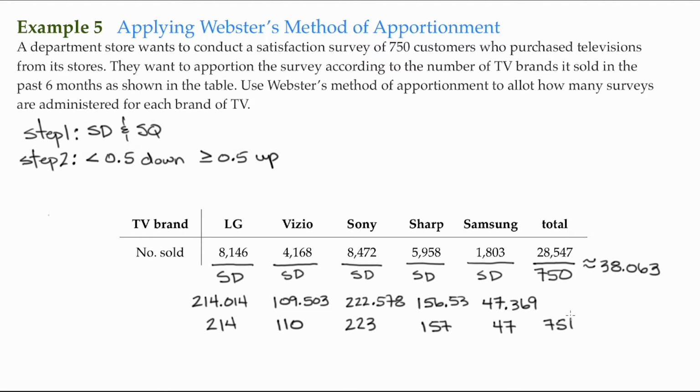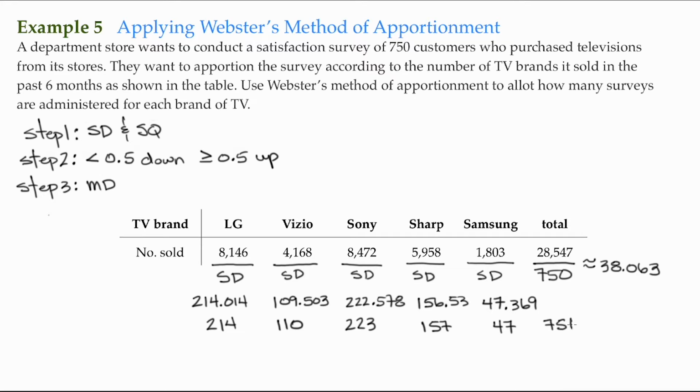So then this is where Jefferson's method comes in for step 3. And of course, for step 3, we're going to use a modified divisor. Now, since we have a large amount of items here, 750, and we only have one more than that, when we go ahead and do our guess and check for our modified divisor, we don't want to make too big of an adjustment in our guess.